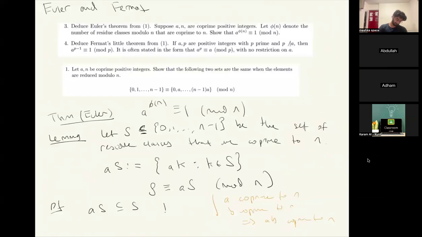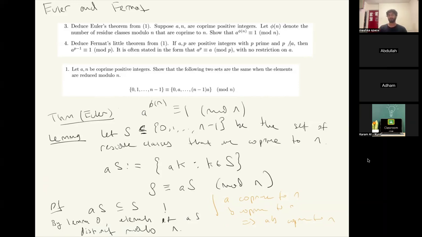Exactly, right. So by lemma 0, the elements of AS are distinct modulo n.